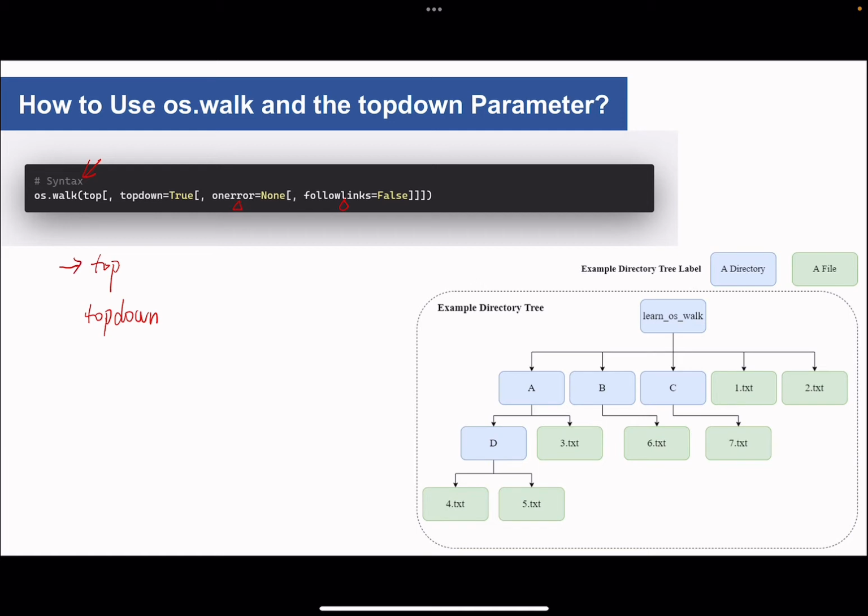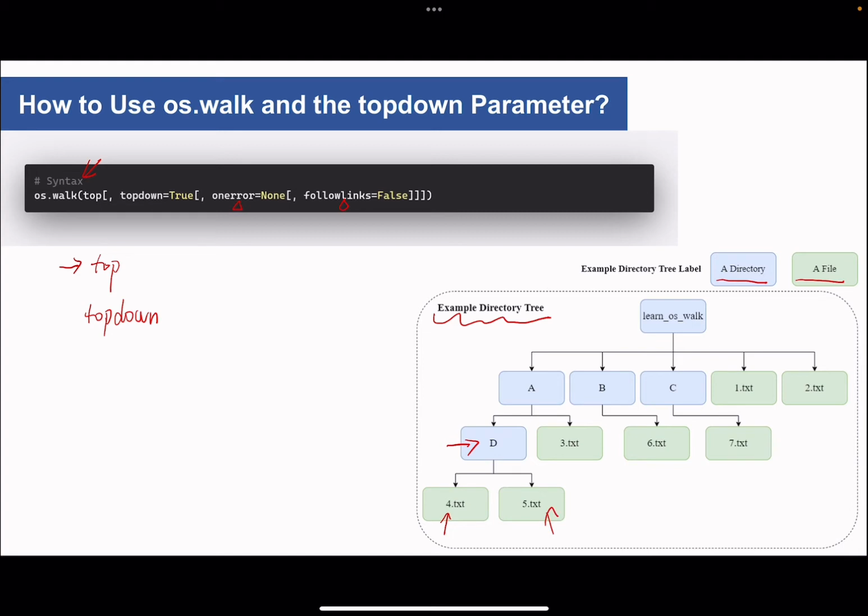For this first parameter, top, you can pass it a directory path string. It is used as the root of a directory tree. For example, this is an example directory tree that we will use throughout our entire video. By the way, the difference between a directory and a file is that a directory can contain many files, like the above directory D contains 4.txt and 5.txt.